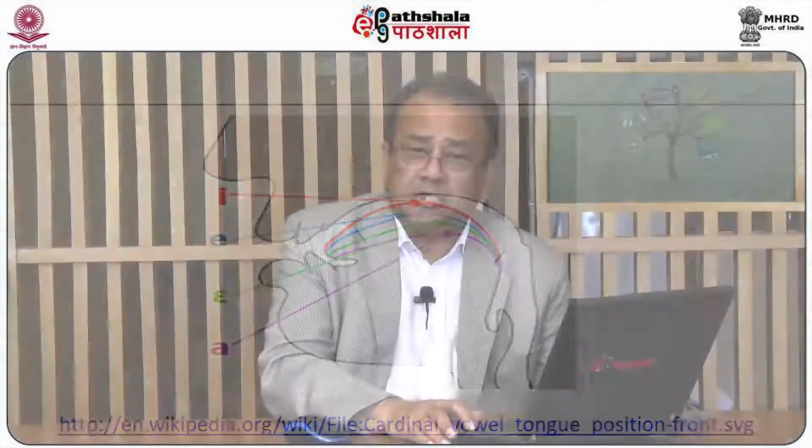For vowels, in addition to the two parameters, there is a third parameter which is also important. The third parameter is almost predictable for most sounds in most languages. For example, the front vowels e, a, tend to be unrounded. That means the lips are spread or held in a neutral position.